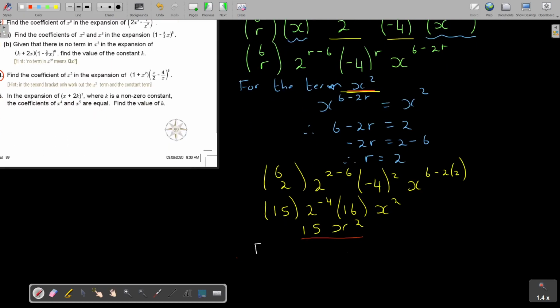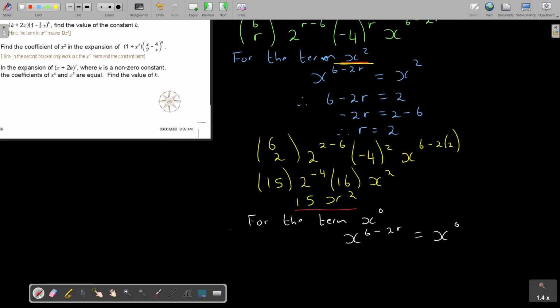So I say for the term x to the 0, or the independent term, I do exactly the same. I just say x to the 6 minus 2r, and it's x to the 0. You can go directly, but I just show you from where it comes. So 6 minus 2r equals 0, so minus 2r equals negative 6.